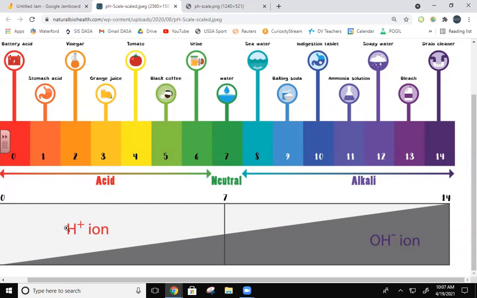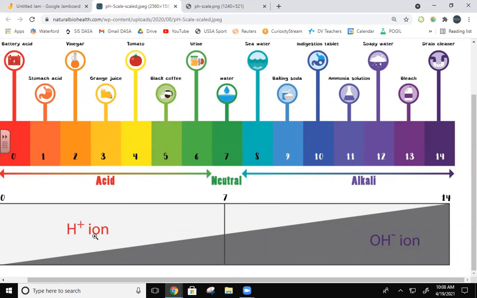Okay, so we have free hydrogen protons here. We have hydroxide ions here. An OH minus and an H plus. Remind me what an ion means. Jay?